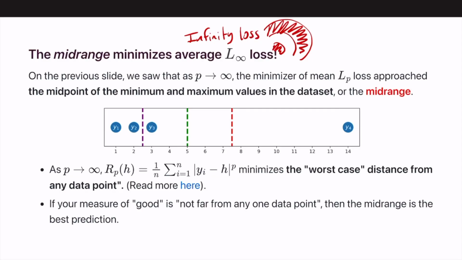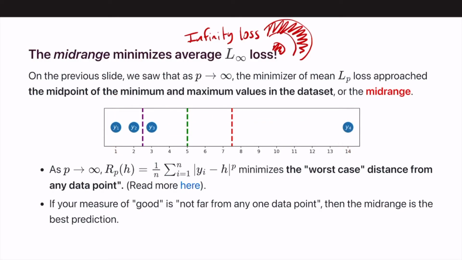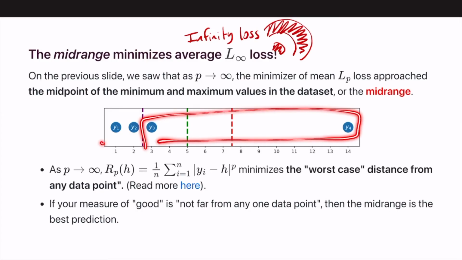We could have any other numbers of data here. It doesn't matter how much data we have. The mid-range only ever cares about these two extremes. Whereas we saw the mean squared loss cared a lot about the data, but also outliers, and the mean absolute loss cared a lot about how many points of data were on both sides of it.